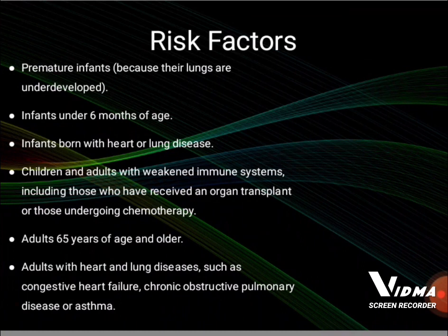Premature infants, because their lungs are underdeveloped, infants under the age of 6 months, infants born with heart or lung diseases, and children and adults with a weakened immune system, who are receiving organ transplantation or undergoing chemotherapy. Adults 65 years of age and older, and adults with heart and lung diseases such as congestive heart failure, chronic obstructive pulmonary disease, or asthma.